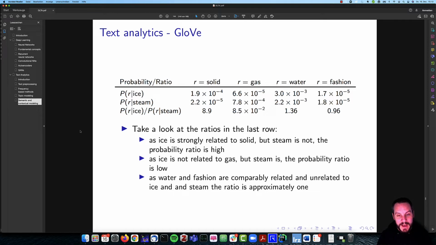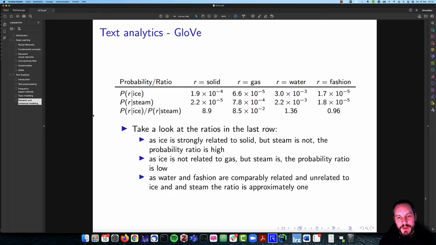And so we have a large value because we have "ice" above. And now take a look at "gas". Obviously "gas" seems to be way more related to "steam", and that's why we have a very small value here. If we took the reciprocal, it would be the other way around.